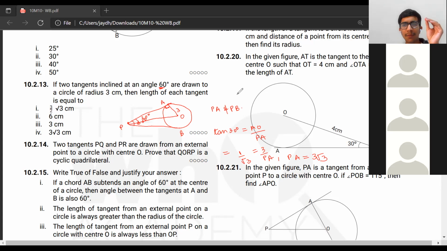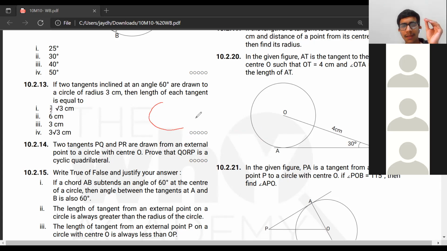So, do you know the specific property of a cyclic quadrilateral? Like, what specific property does a cyclic quadrilateral have? Do opposite angles sum up to 180? Yes, sir. Okay, so angle 1 plus angle 2 is equal to 180. Similarly, angle 3 and angle 4 add up to 180. Okay.